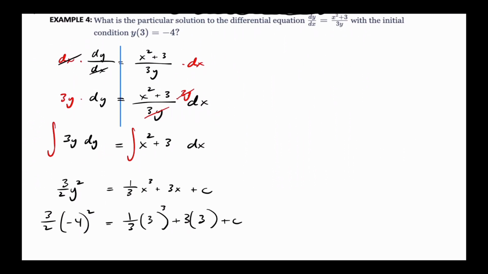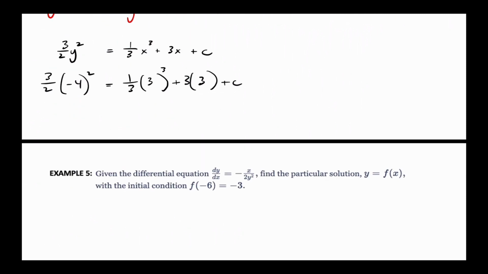Okay. Everywhere I saw y, I plugged in -4. Everywhere I saw an x, I plugged in 3. Okay, let's solve for c now. So we get 3 over 2 times 16, plus 27 over 3 plus 9 plus c.